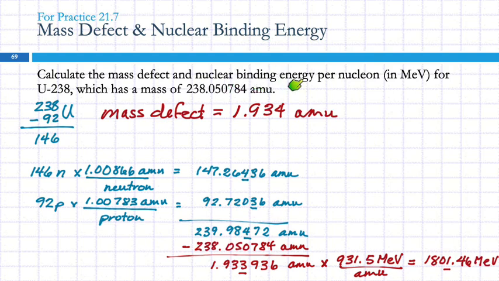For the nuclear binding energy per nucleon, we find that equivalent in energy, 1801.46 mega electron volts, and we divide by the number of nucleons. How many nucleons does a uranium-238 nuclide have?